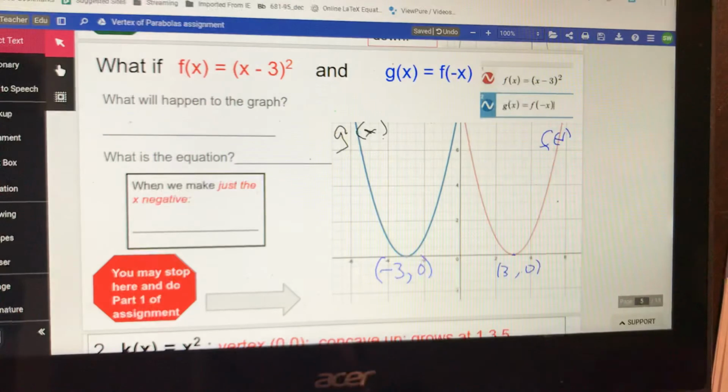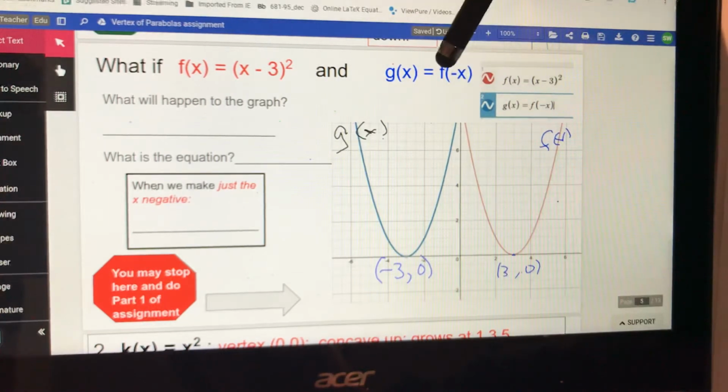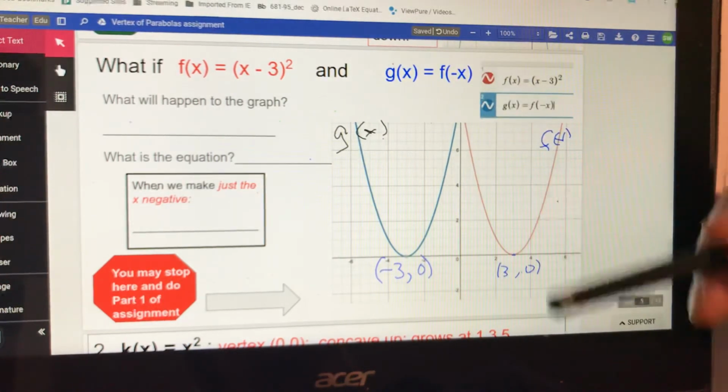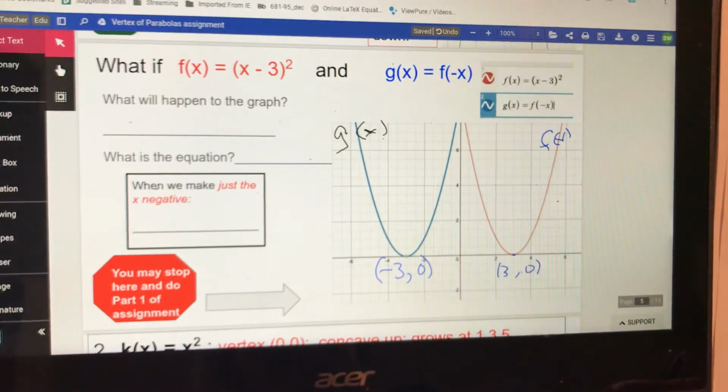So now I'd like to talk about what would happen if we just made the x negative. In other words, I'm not making the entire function negative. I'm not reflecting over the x-axis, but I'm just making the x negative. What would happen to this graph? Well, let's see if we could make the equation first.